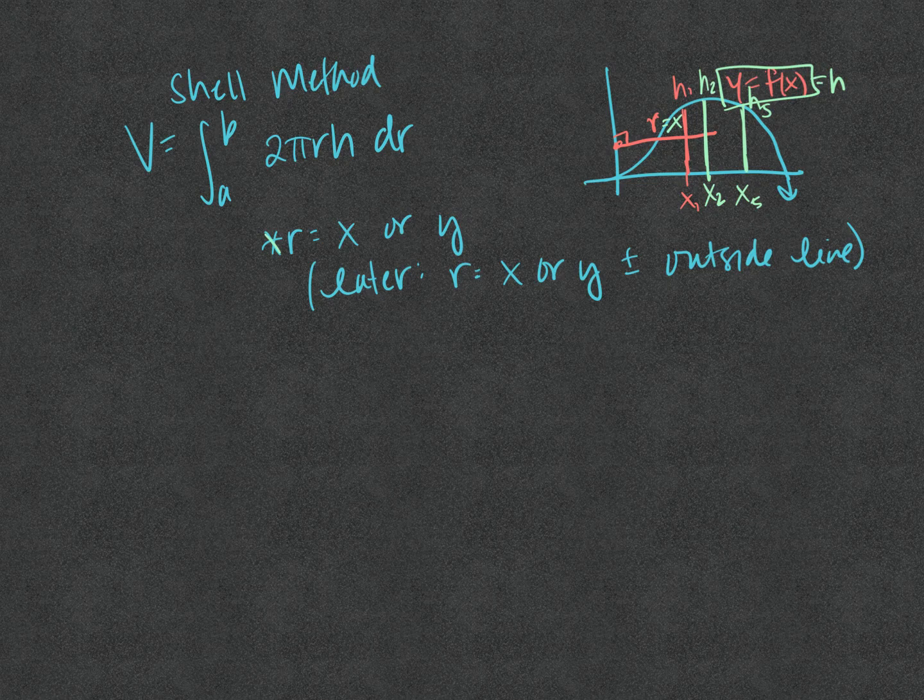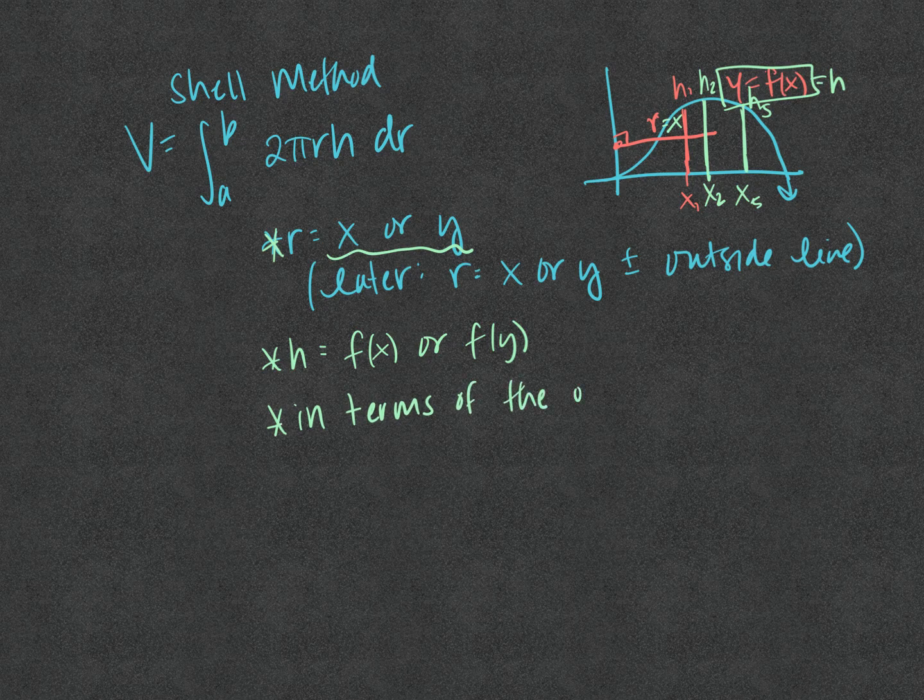So that's why our radius is always going to be equal to the letter x or the letter y, no more or no less until we bring in an outside line for our rotation, okay? Our height is going to be equal to f of x or f of y, depending upon which one we're working in. The other big change here is we're in terms of the other variable.